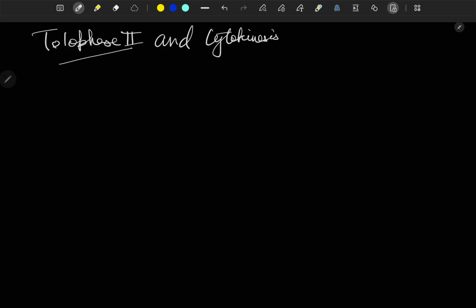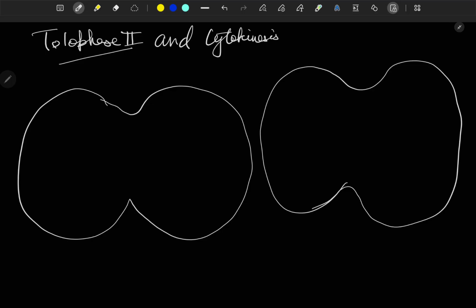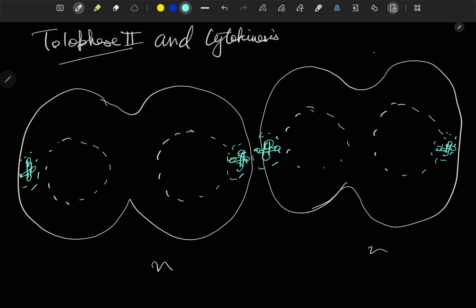Now we'll talk about telophase 2 and cytokinesis at last. Suppose these are two cells, both still haploid. In these cells the cytoplasm starts to divide.